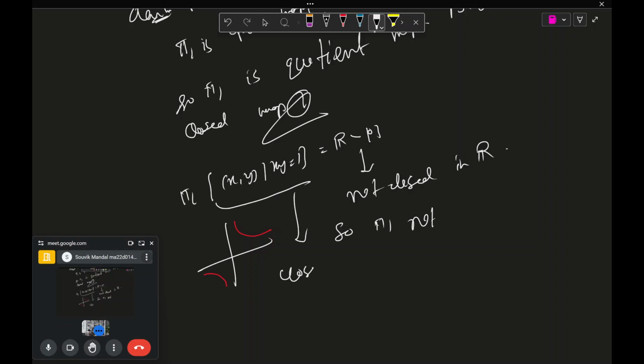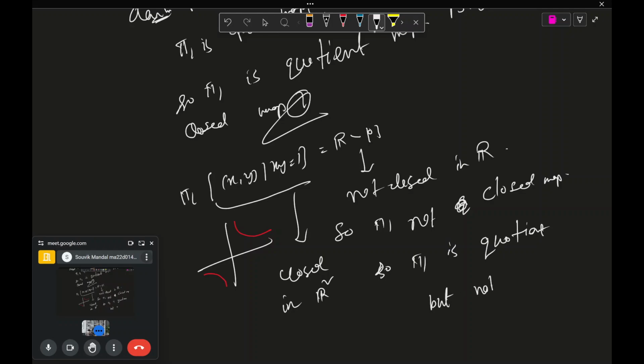So pi 1 is not closed. So pi 1 is a quotient map but not closed.